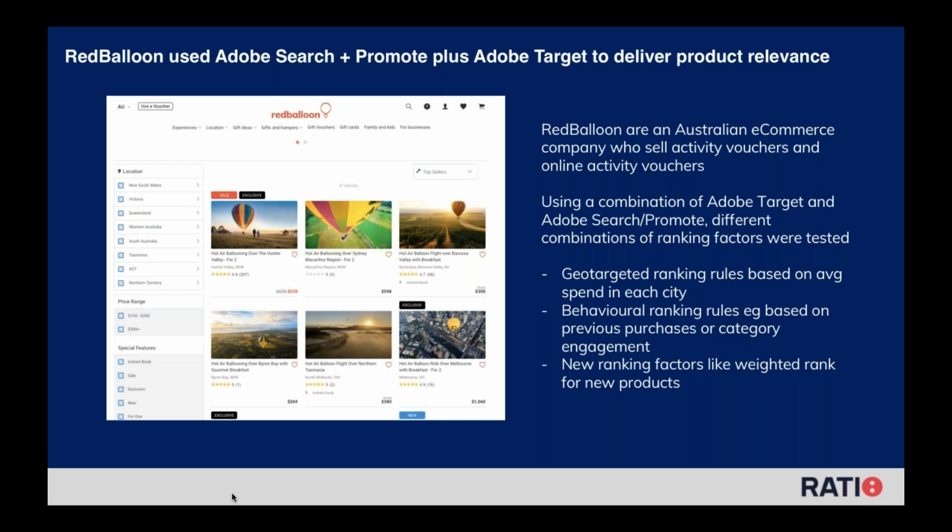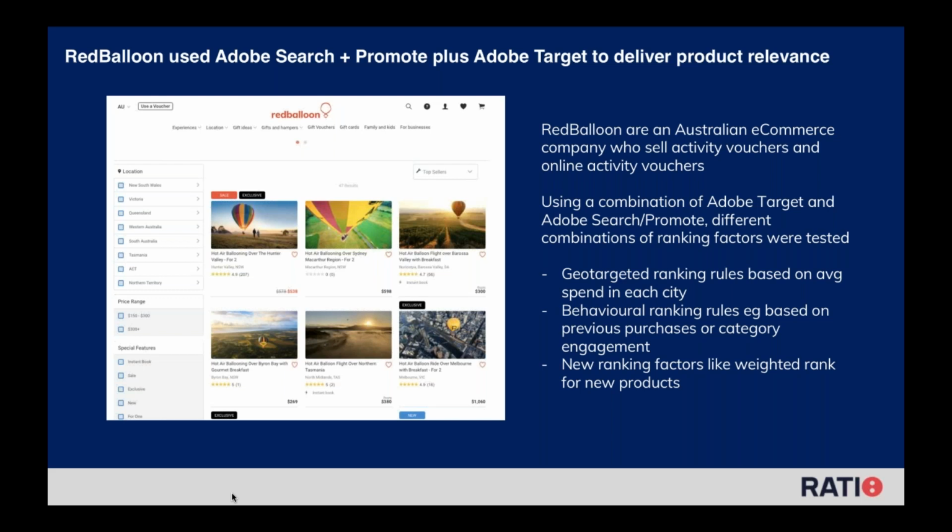And we also tested changes to the ranking factors, like evaluating whether for a newer product, which didn't yet have any sales history or conversion rate history to allow it to rank well, we could give it an artificial push in the first 30 days, 60 days that it exists on the website, in order that it could start to build up its own sales history, and then gradually reduce that push over time and let it stand on its own.